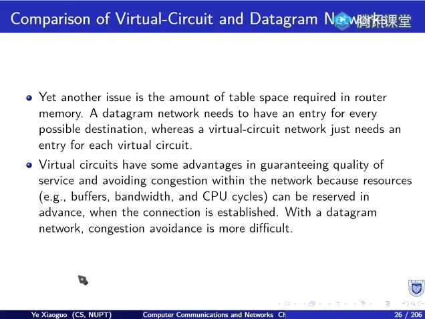Yet another issue is the amount of table space required in router memory. A datagram network needs to have an entry for every possible destination, whereas a virtual circuit network just needs an entry for each virtual circuit.